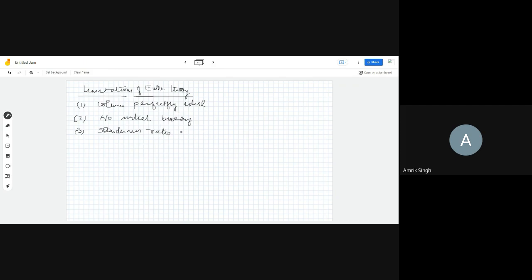Slenderness ratio limitation. So these are the three limitations because of which we have to use the other formula.